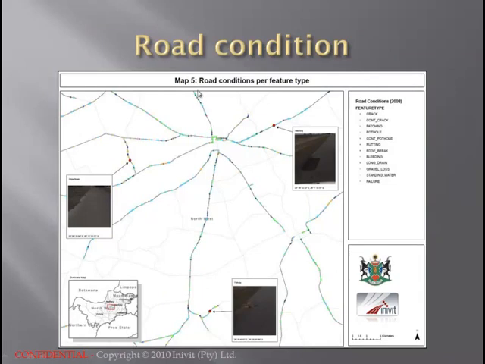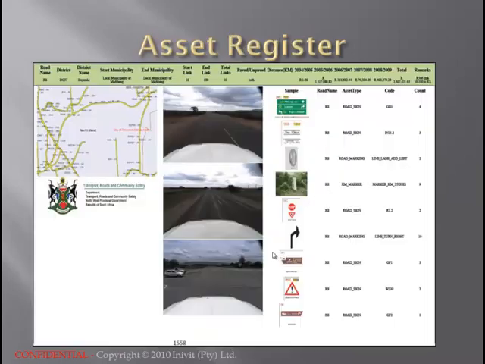On a network conditional level, we will be able to prioritize which road needs more attention than others, because there are now more conditional elements and problems on this particular road or on that road. We will be able to identify and plan to repair those problems. We can click on each one of these defects and see the physical image taken on the day of each one of these defects.